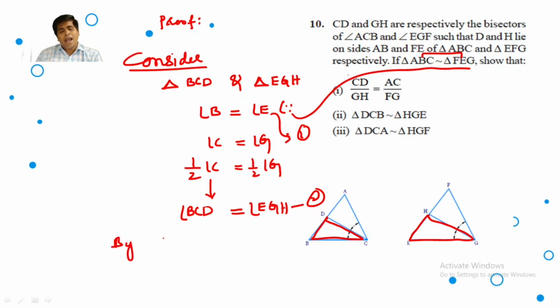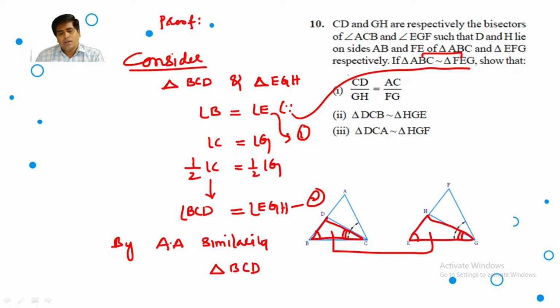Clearly, by angle similarity, this angle is equal to this angle and this angle is equal to this angle. So clearly these two triangles are similar by angle similarity. Triangle BCD is similar to triangle EGH.